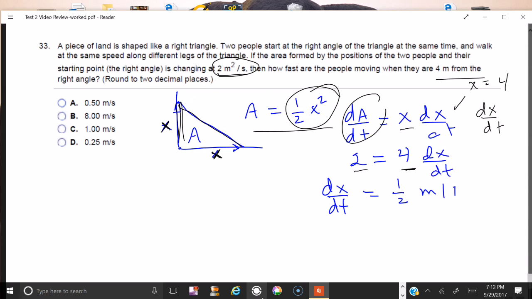So now we have 2 equals 4 times dx/dt. So dx/dt is equal to 1/2 meters per second, and that is answer A.